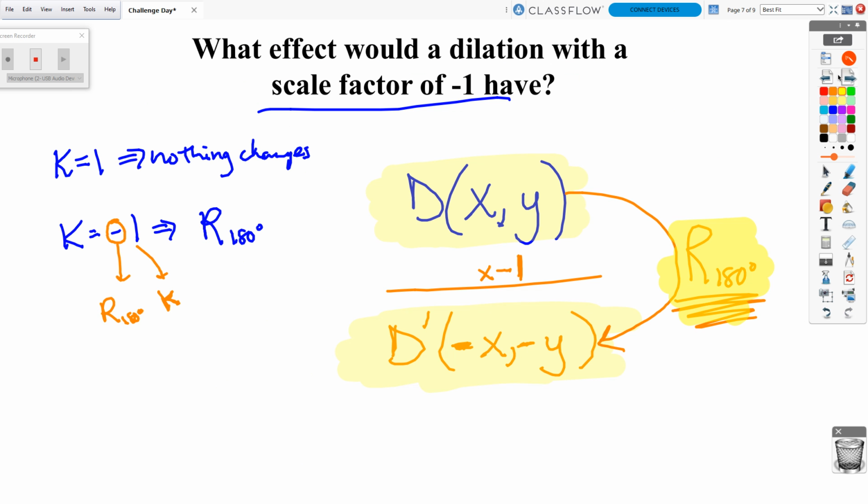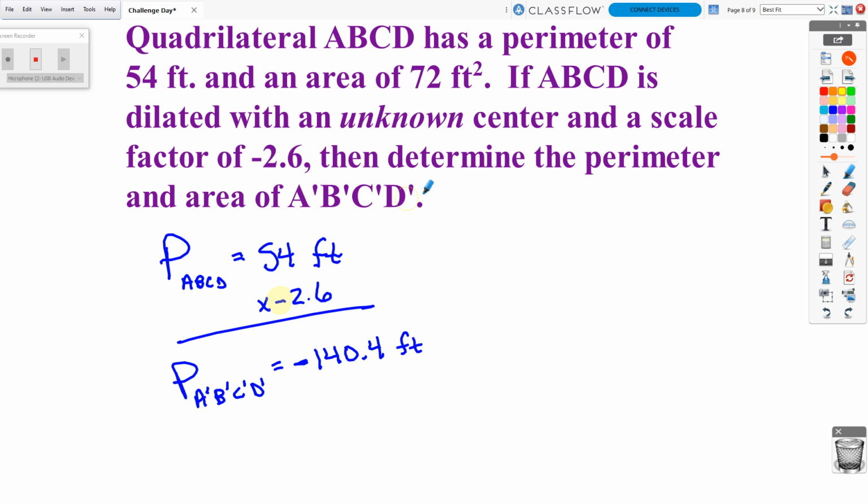If I rotate a quadrilateral 180 degrees, does that change the length of any of the four sides? No. So in the end, this is where you kind of have to think about these problems. And you're just going to have to go, you know what? That negative, that's only going to rotate my quadrilateral 180 degrees. It's not going to do anything to the length. So in the end, it's not negative 140.4, it is positive 140.4. Again, you cannot have negative length.